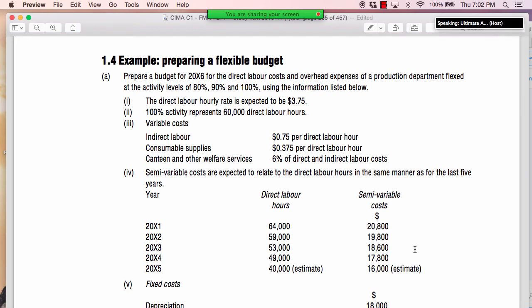How did they arrive at that 225? Just if you can work it out for me. So we will take 60,000 multiplied by what? For 100% activity, what would we do? 60,000 multiplied by? Correct, 3.75.